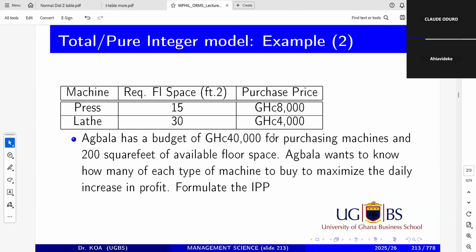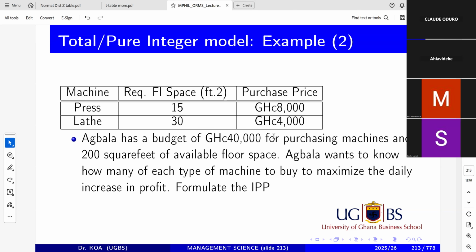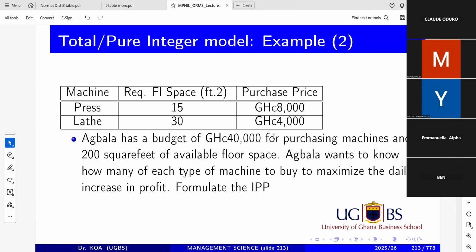Okay, that's wrong. Let's go to Cloud. Yes, sir. It will be 15x1 plus 30x2 less than or equal to 200.